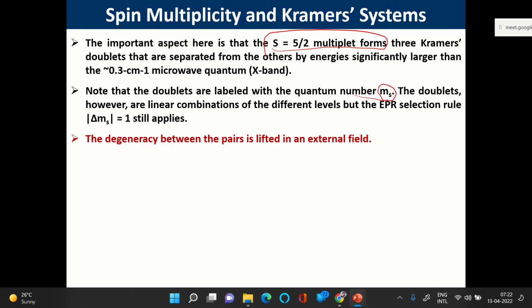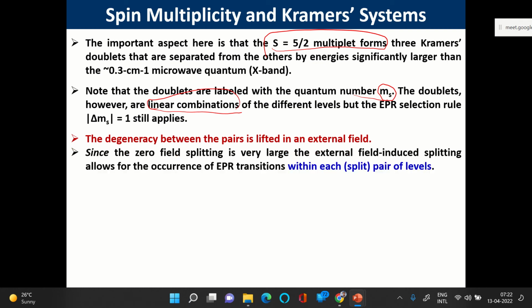In a similar way, this comes out to be a linear combination, just like a linear combination of several wave functions. If two wave functions are combining, you will get two new combinations. Similarly, you have this arising due to that. Degeneracy is lifted, and I already discussed this point.